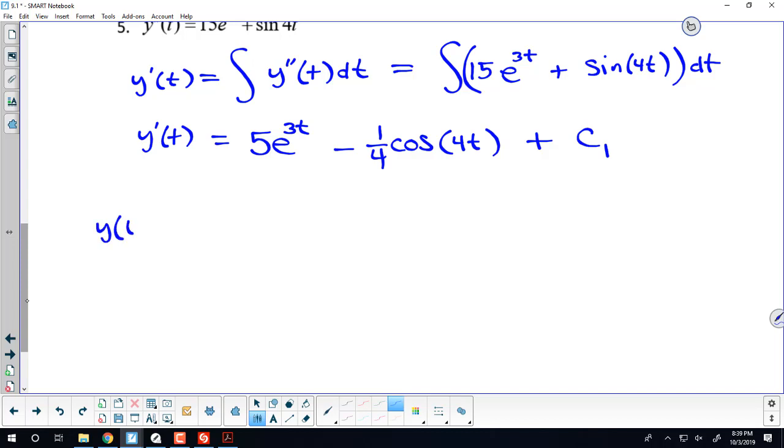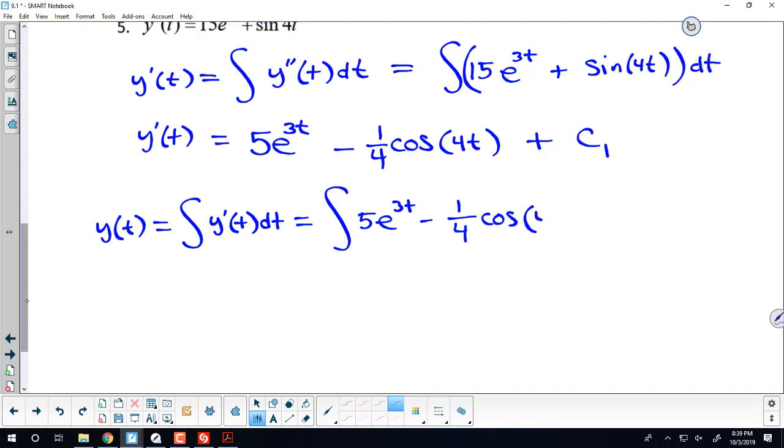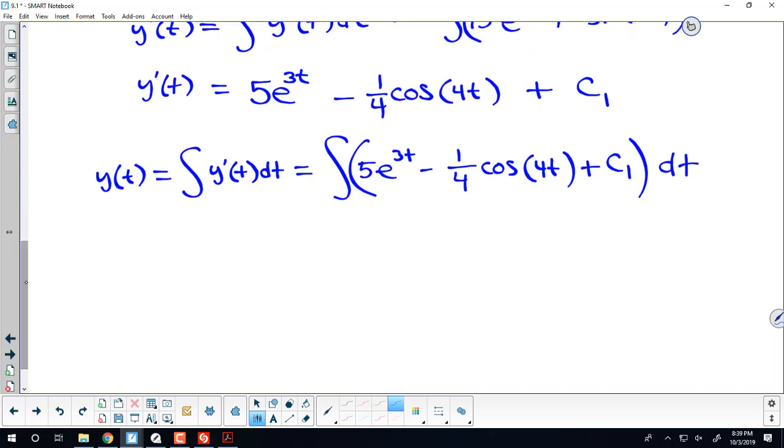It means y of t is equal to the antiderivative of y prime. So here you have 5/3 e to the 3t.